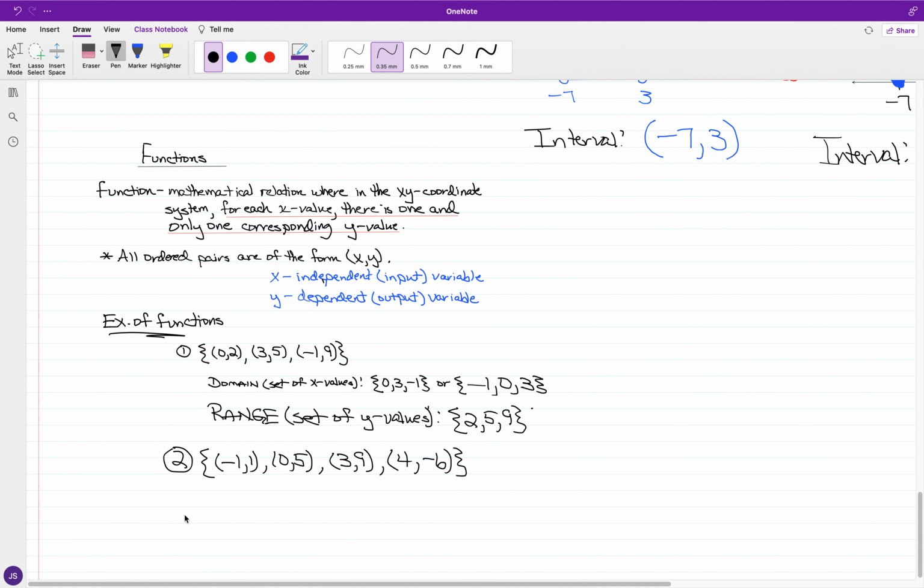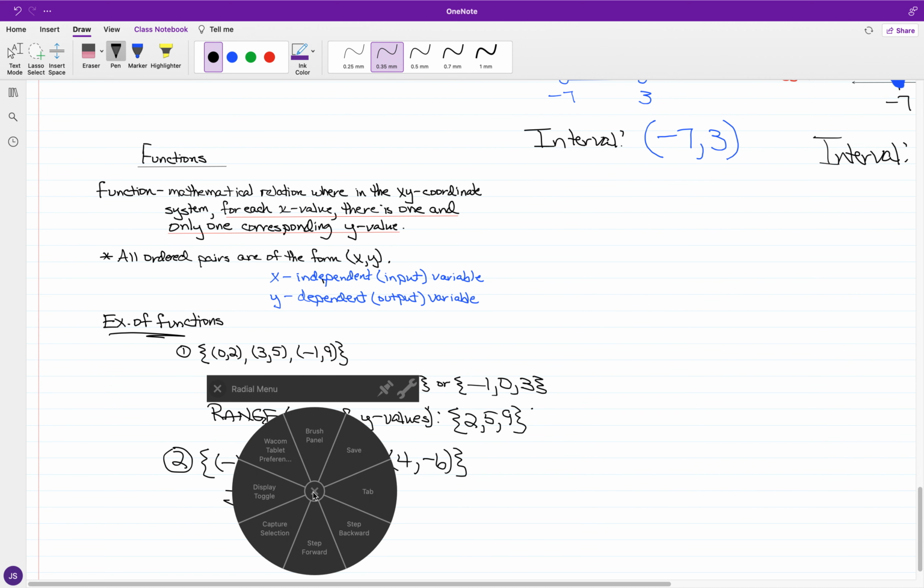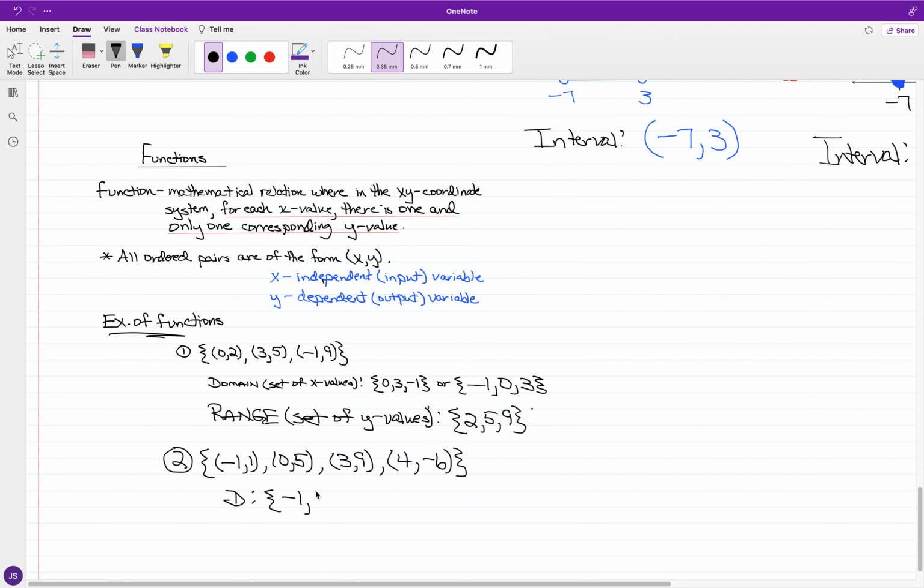Okay, and looking at identifying the domain. You got the x values, so you have -1, 0, 3, and 4.